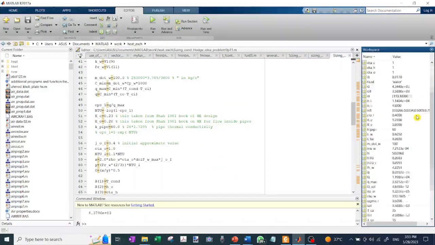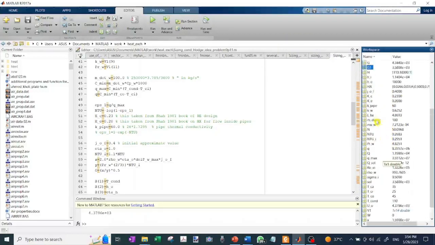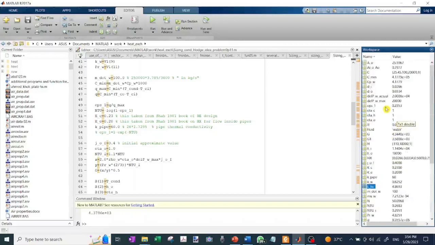And if you look at how much G is, the final value is this one, and the heat exchanger length is 4.9 meters, and the pressure drop actual is almost the same as the pressure drop required, which is 20,000, as you can see here.